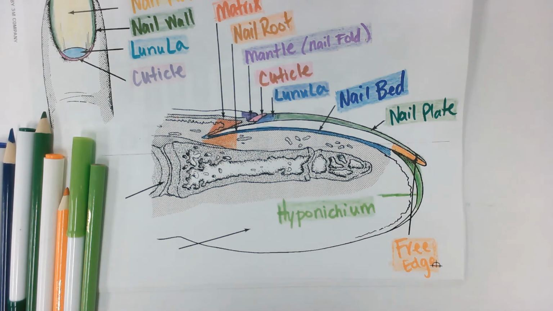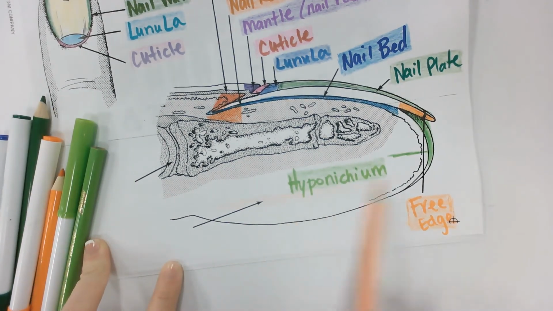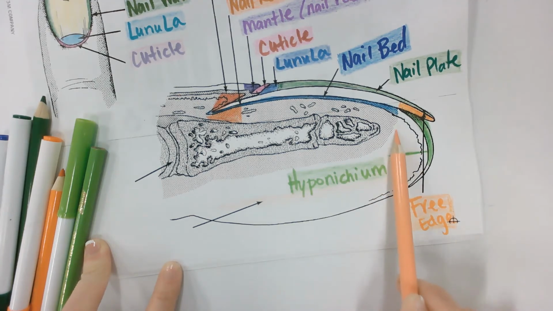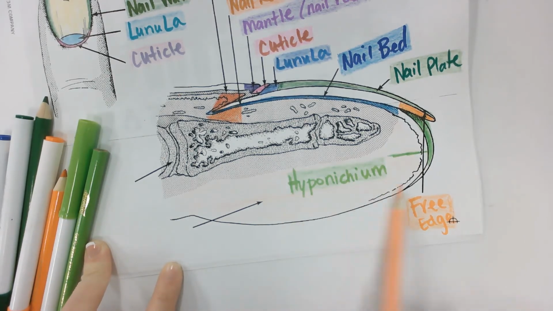Alright, pretend this word hyponychium is not there. This whole bottom section that's not shaded is your skin, your fingerprint, layers of the skin, all of that. So we're just going to call it layers of the skin.